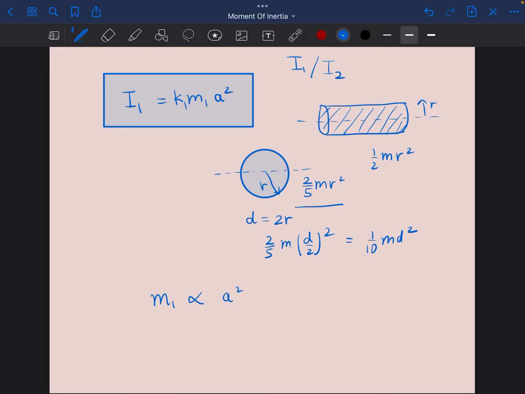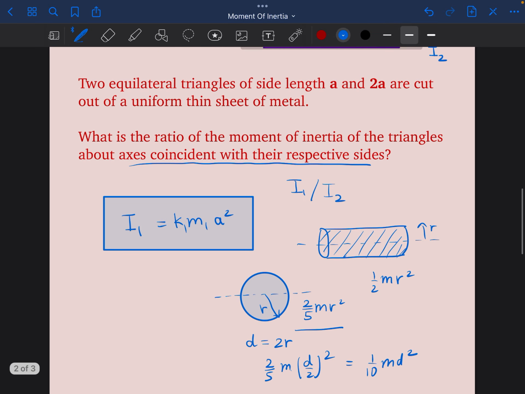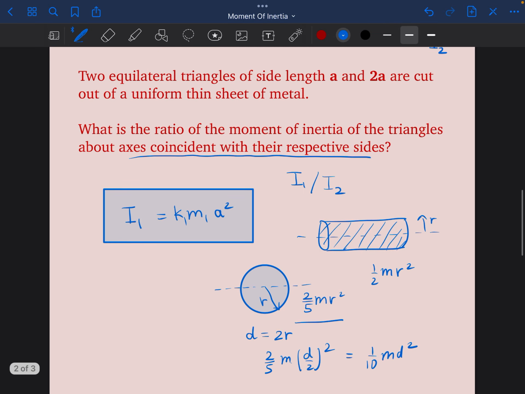We are being told that the plates, which are in the shape of equilateral triangles, have been cut out of a uniform thin sheet of metal.